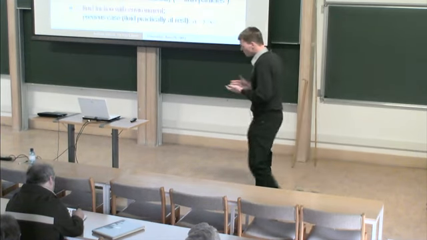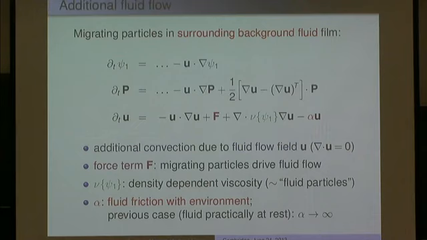And now we assume that we have a surrounding thin film of fluid, and these particles can migrate in the fluid and push the fluid. So we need a flow field, this is this U. We have these additional convective terms now on the rotational part, this vector order parameter. So this flow field U, for simplicity, incompressible in 2 dimensions.